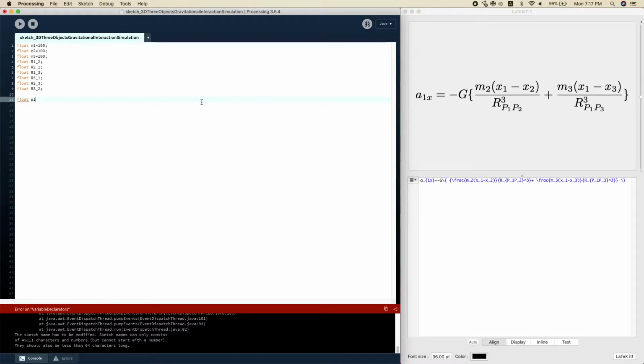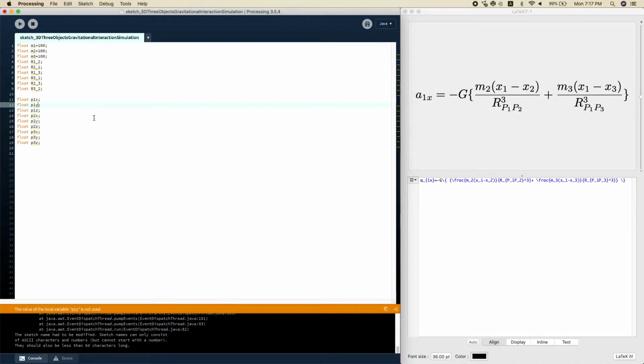And so we need the x-coordinate of P1, the y-coordinate of P1, the z-coordinate of P1. I'm just going to copy these 3 times, and these 3 should be about coordinate 2, and the last 3 should be about coordinate 3. Okay, and what else do we need?